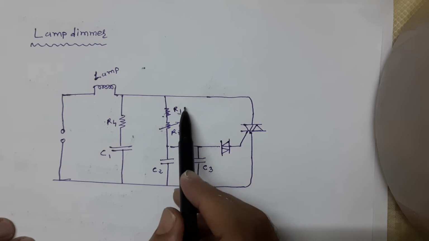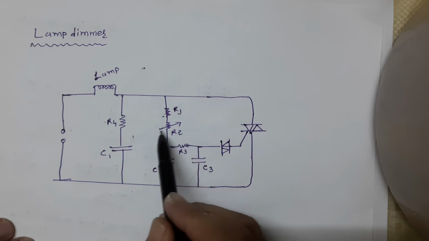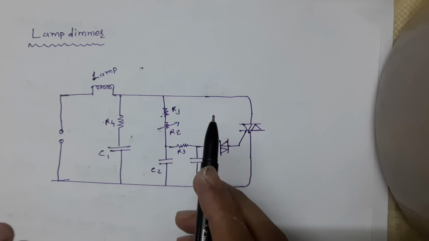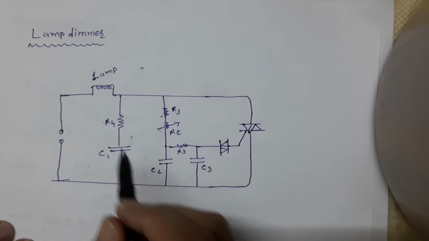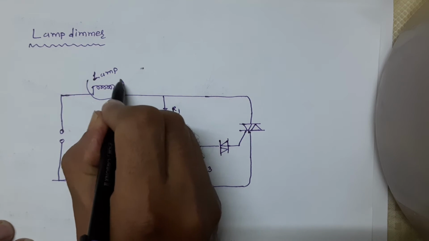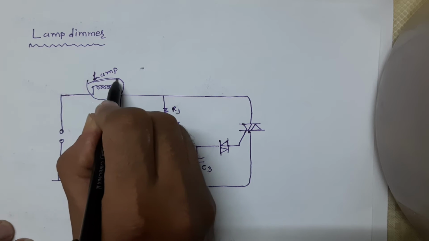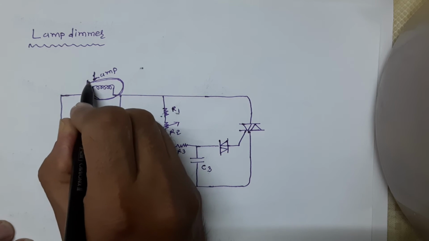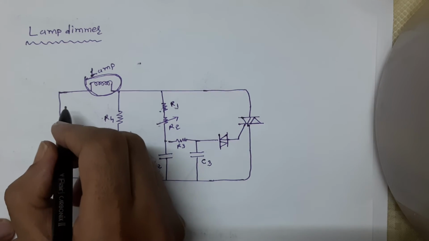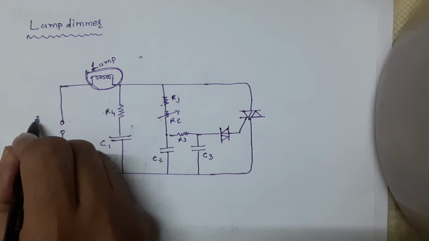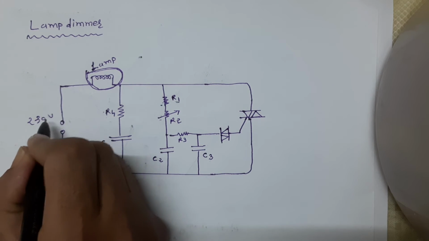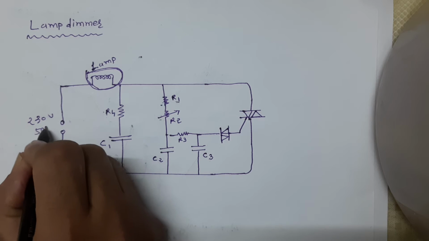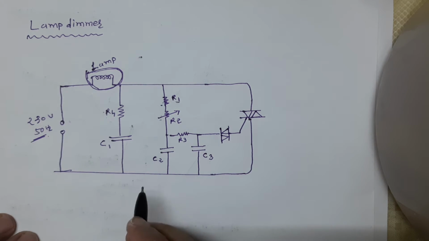This is your R1, this is your R2, this is your variable R. C1, C2, C3, and this is your lamp. What is your input? 230 volt and frequency 50 hertz.